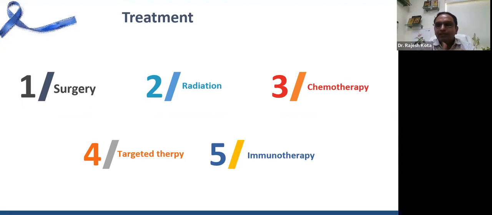And the most recent or advanced therapy is immunotherapy, where we stimulate our own body's immune system and try to kill the cancer cells with the help of our own immune cells. That is called immunotherapy. This is the recent advance in the treatment of colorectal cancers. Not all patients require all 5 forms of therapy. Depending upon the stage of the disease, type of the disease, and the general condition of the patient, we choose between these 5 different treatments.